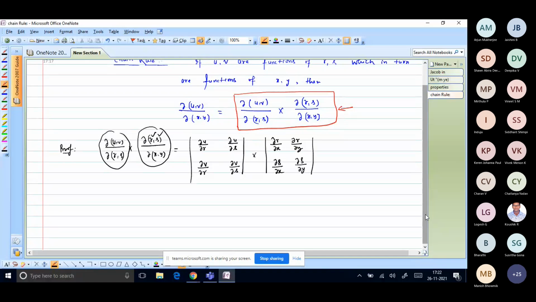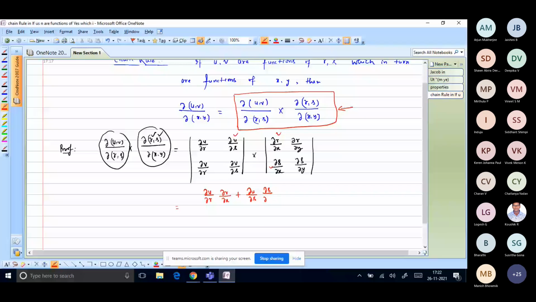So first of all, let's multiply and see what I am going to get. See here, del u upon del r into del r upon del x, plus del u upon del s into del s upon del x.